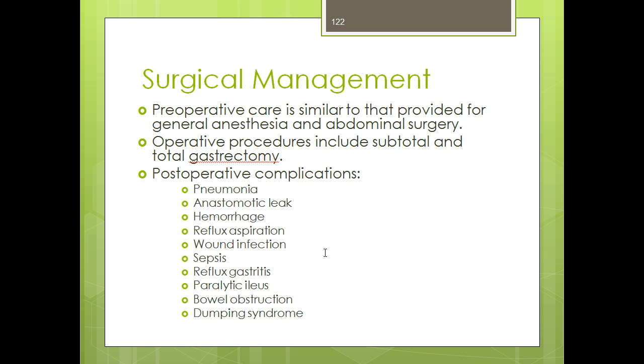A person can go through all these postoperative complications with abdominal treatment: pneumonia, anastomotic leak, wherever they anastomose the areas when they remove the stomach, hemorrhage, reflux aspiration, wound infection, paralytic ileus.